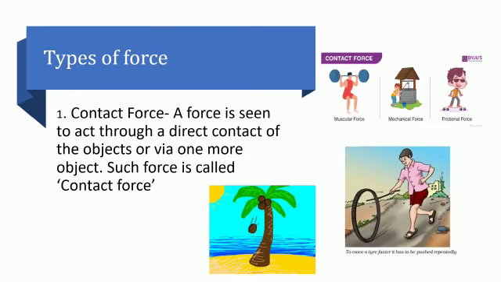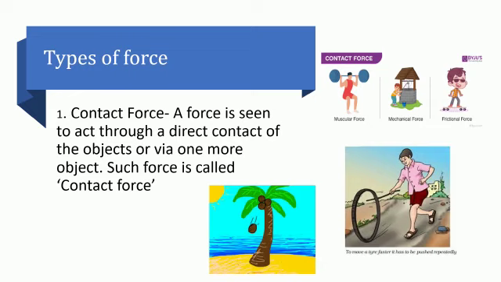Examples of contact forces are: first, a coconut falling on the ground. Because of gravitational force, that is, the force exerted by the earth, the coconut falls down and touches the ground. Second, when you rub a comb on silk cloth or hair, electrostatic force, that is, the force produced in certain objects due to friction, is generated, and the pieces of paper are attracted to the comb.